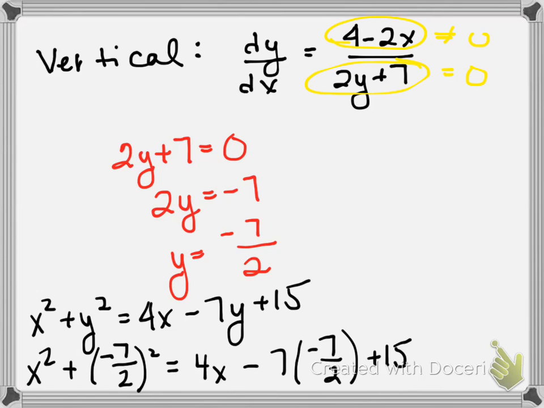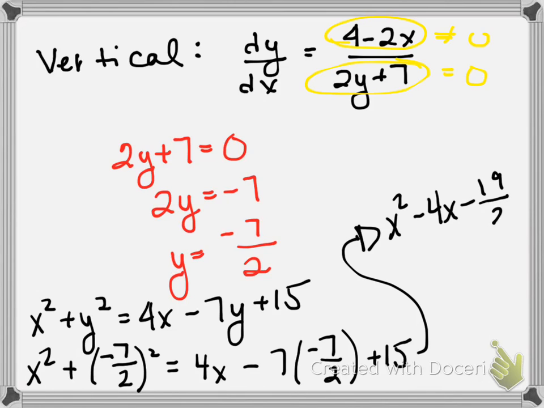Okay, and this gives us a requirement on x that tells us that x squared minus 4x, and let's see if we can do this, 49 fourths minus 49 halves, that's negative 49 fourths, plus 15 gives us negative 19 halves. That is going to equal 0, and that's going to give us 2 x values.